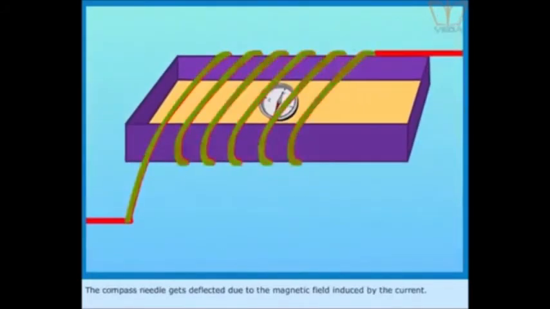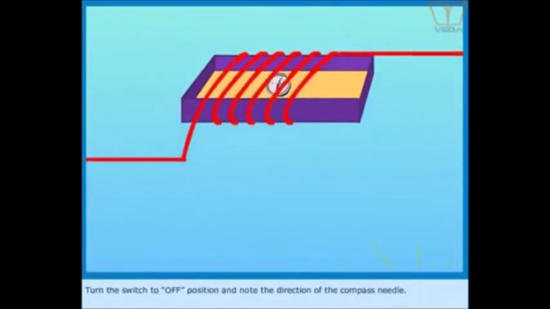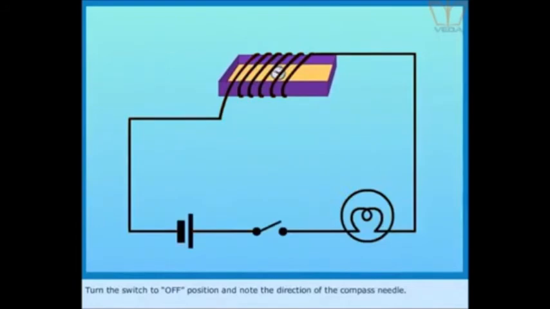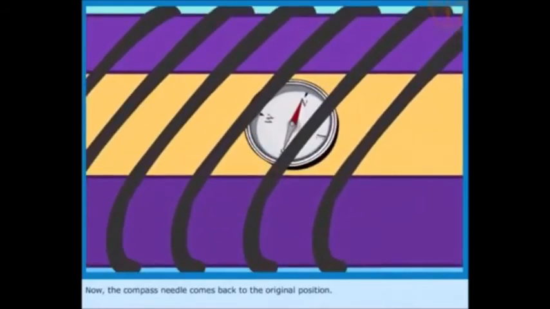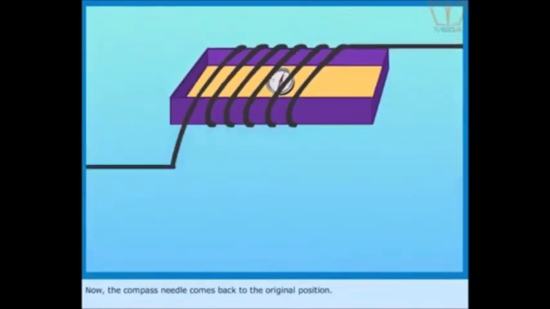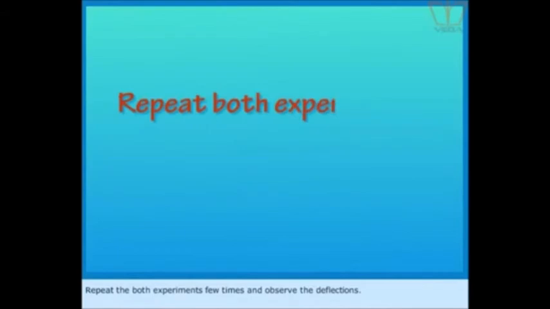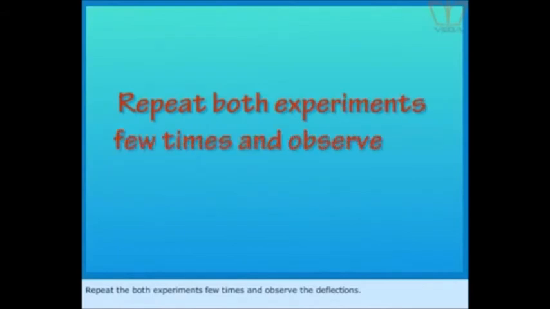The compass needle gets deflected due to the magnetic field induced by the current. Turn the switch to off position and note the direction of the compass needle. Now the compass needle comes back to the original position. Repeat both experiments a few times and observe the deflections.